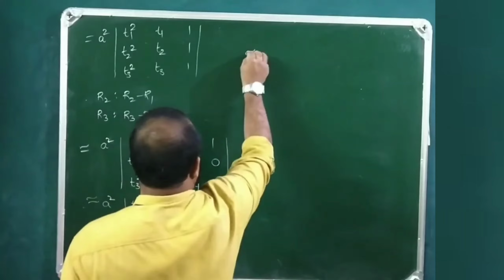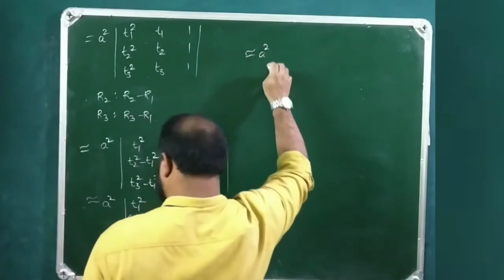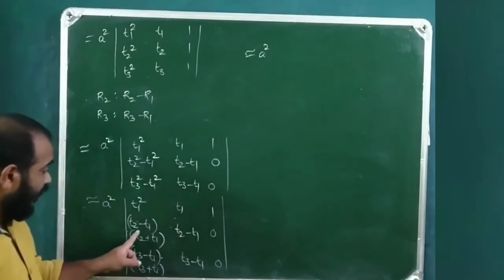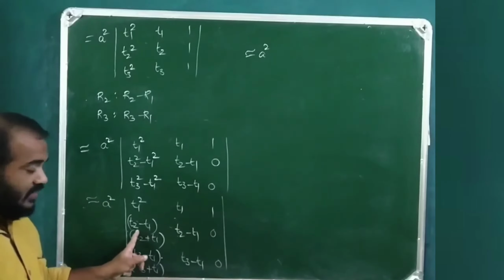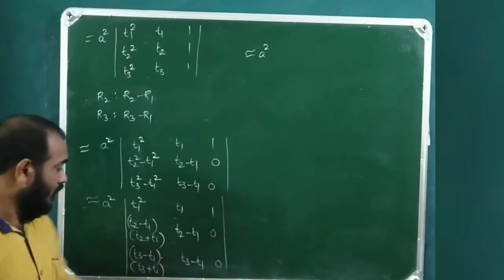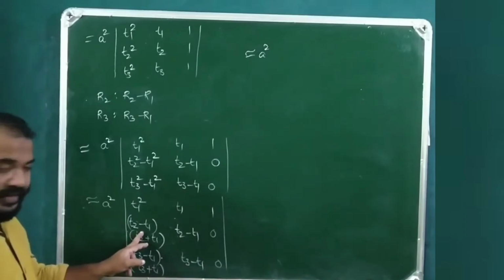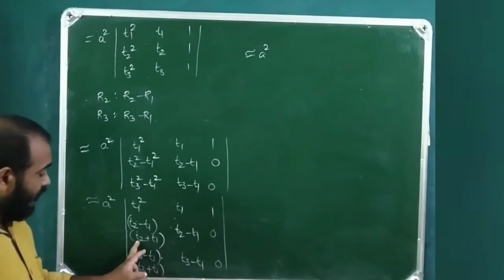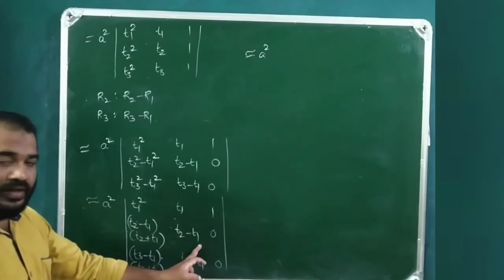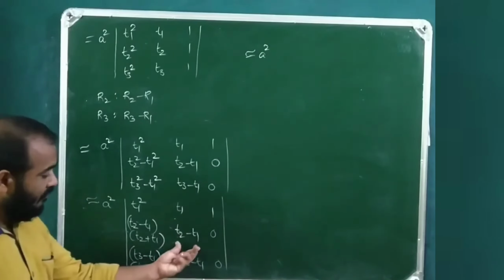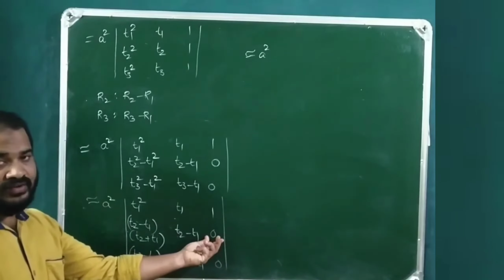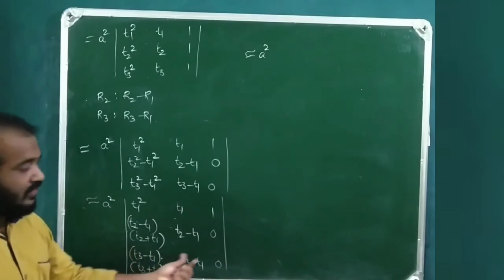This is equal to A square into, here if you see T2 minus T1 is common in the whole second row. If I take it common, then we are left with T2 plus T1 here, T2 minus T1 taken common then 1 will be left, and 0 into T2 minus T1 gives 0.